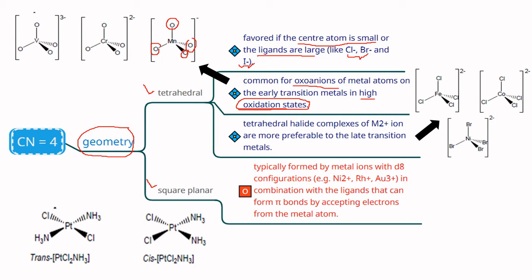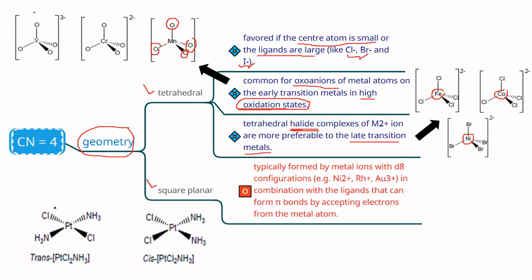If you look at iron, cobalt, and nickel, they are all attached to halide. So when you have tetrahalide, it is more preferable to attach to the late transition metals, like these compounds shown here.